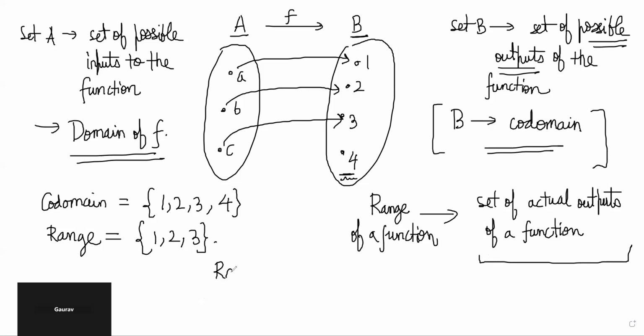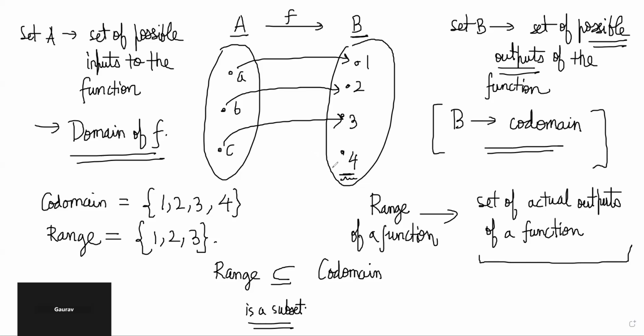So you can always say that range is a subset of the codomain. This symbol stands for is a subset. In some situations, it could be that range and codomain are equal.